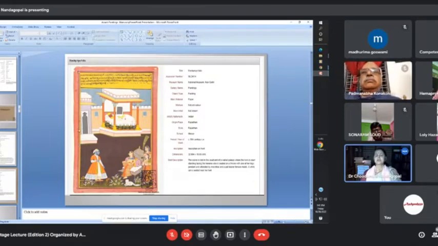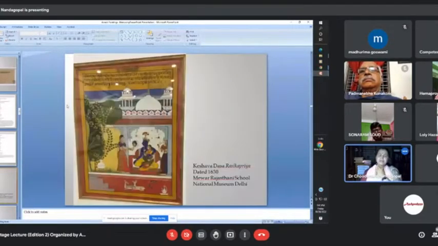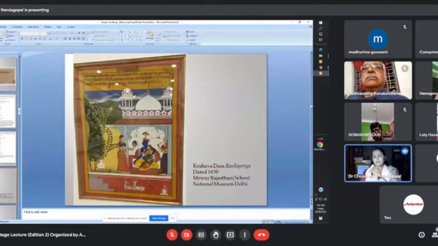So much of the area, they have divided into three registers, and they have created the painting also. So equal importance is given. This is another Rasika Priya painting. Beautifully, this is displayed in the gallery. So this is Mewar Rajasthani School from National Museum.